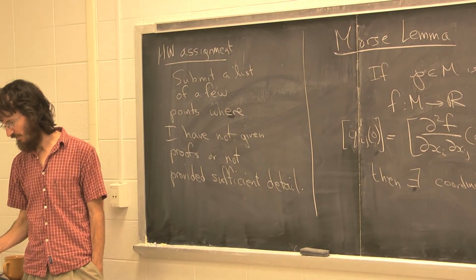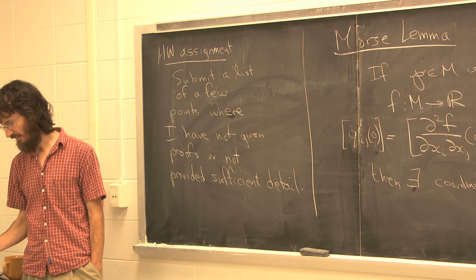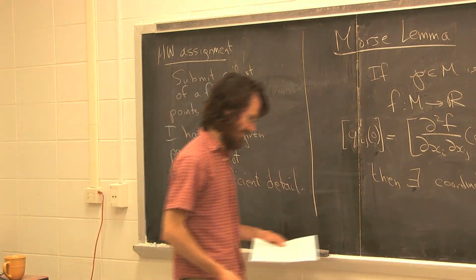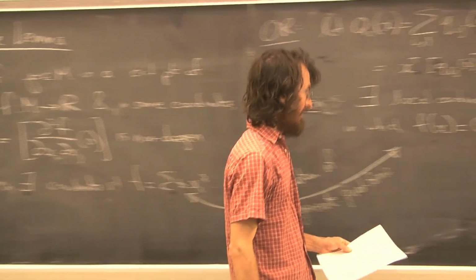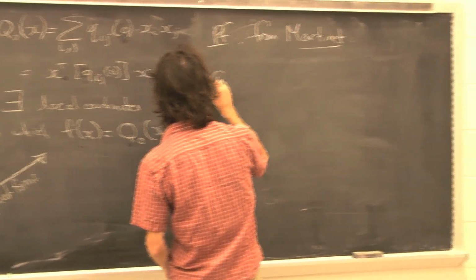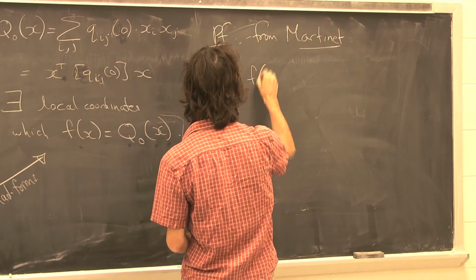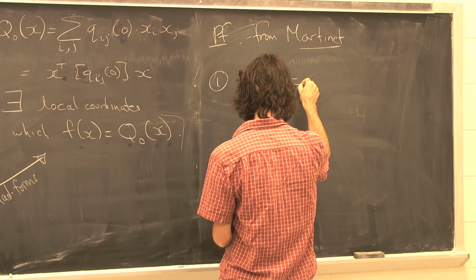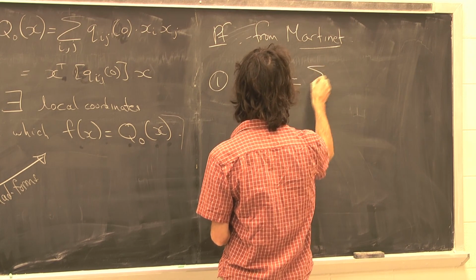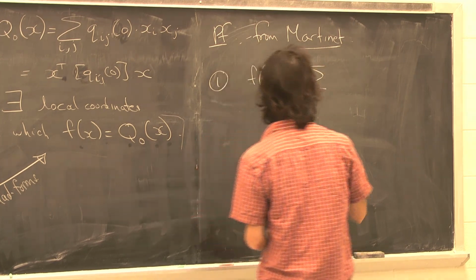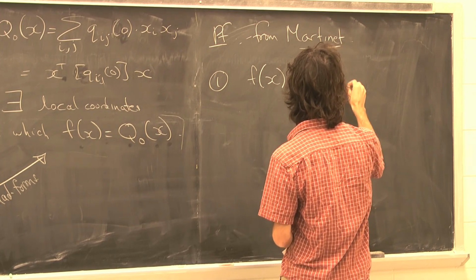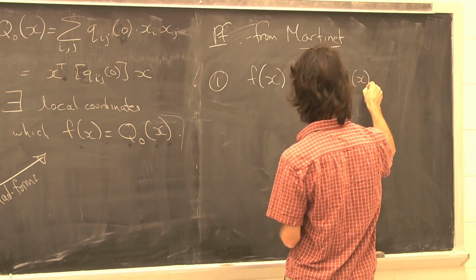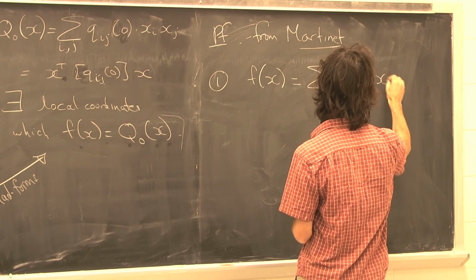Okay, so the first thing we're going to do, remember that. Step one is going to say that f of x can be written as the sum of some function q sub ij of x times x_i x_j.